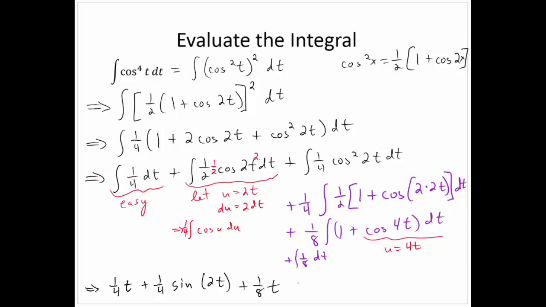And then on the last term, since that's a plus 1/8 integral cosine 4t dt, letting u equal 4t, then du is 4 dt, so I need a times 4 on the inside, and a times 1/4 on the outside, and so then this is going to be plus 1/32 sine of 4t plus a constant.